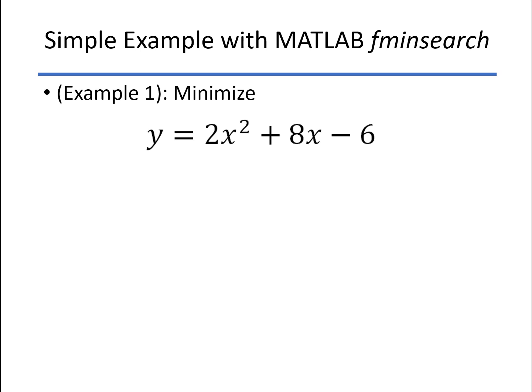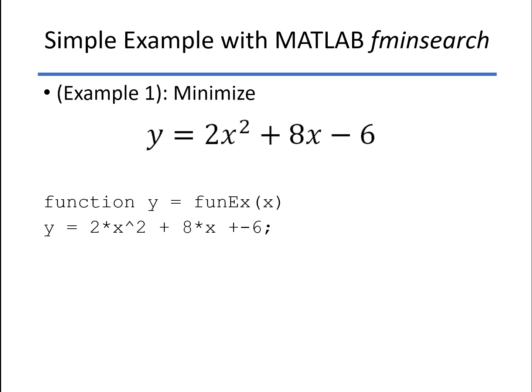So going back to this simple example that we looked at, example 1, if I want to use fminsearch, first of all I have to write this as a function. So we've written a lot of functions now. First word, function, lowercase. Then the output is y equals the name of the function, followed by, in parentheses, the argument of the function, which in this case is x, and there is our equation for y.